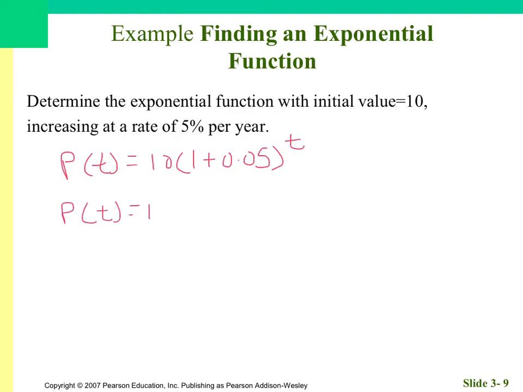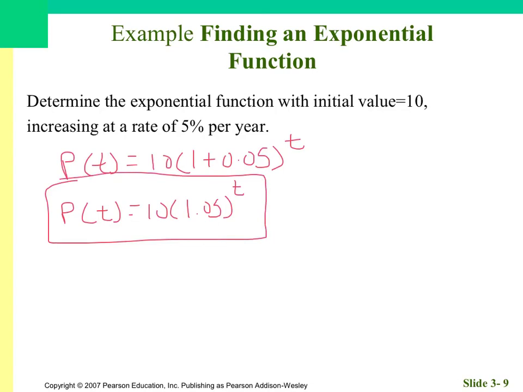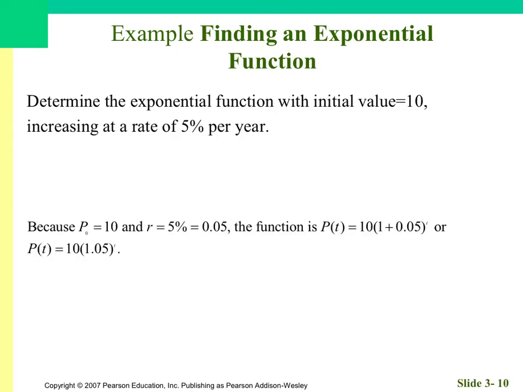P of t equals 10 times 1.05 to the t. All I did was fill in the initial amount and the growth rate. And it said increasing, so I added that rate. If it says decreasing, you subtract it. There we go.